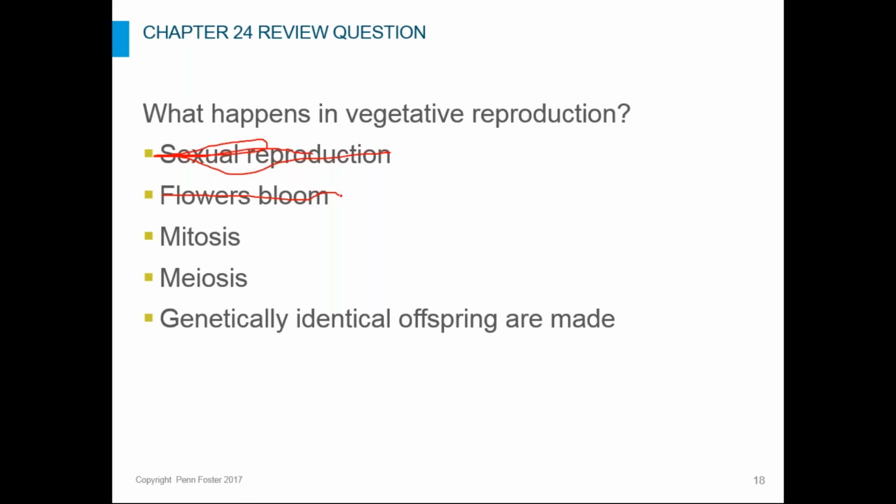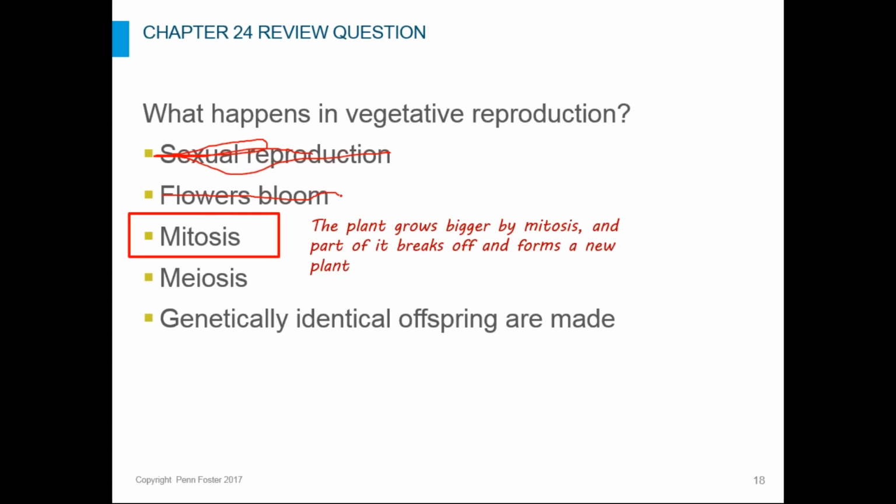So there's no flowers. Mitosis is part of vegetative reproduction. So remember, the whole idea is the plant grows part of itself bigger and breaks that part off and a new plant forms. So it grows that way by mitosis, just normal cell division, making it grow just like your body does as you grow from a child to an adult.